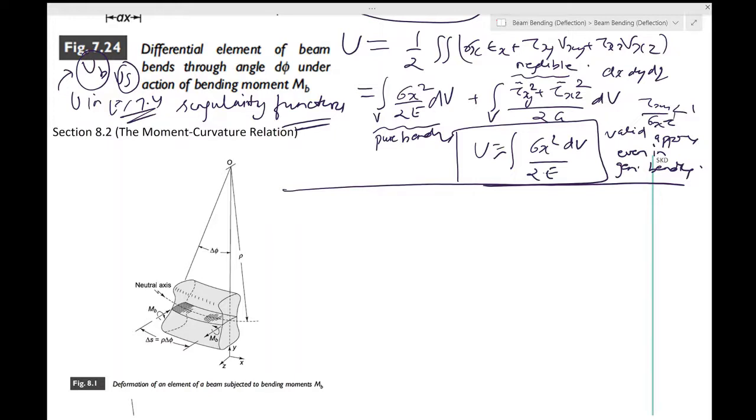If you have excessive deflections anywhere, they can cause interference between moving parts. Soon the surfaces will come into contact, and then you will have wear of those parts. So this is what we want to study over here.